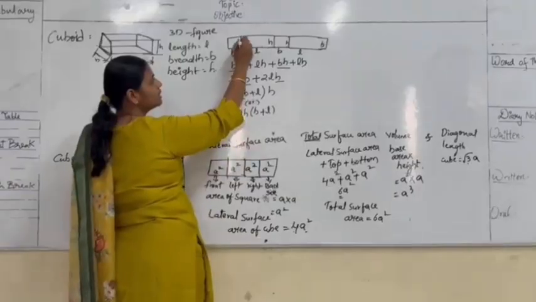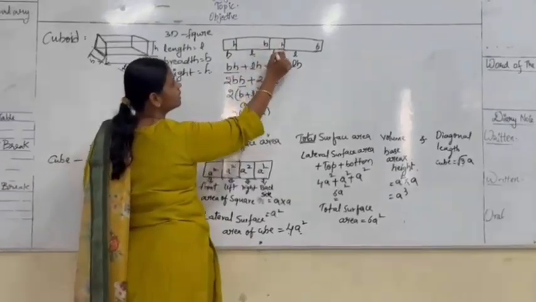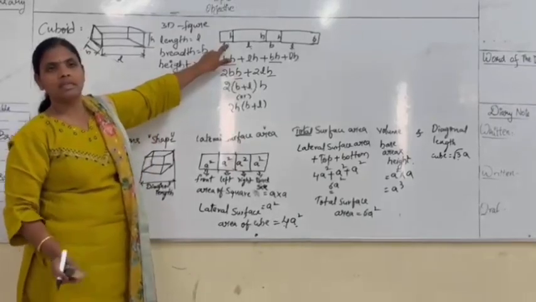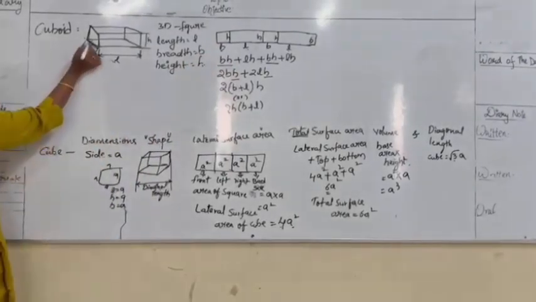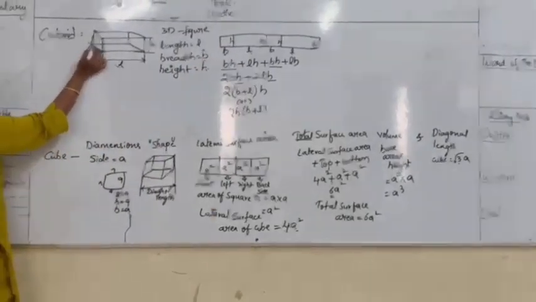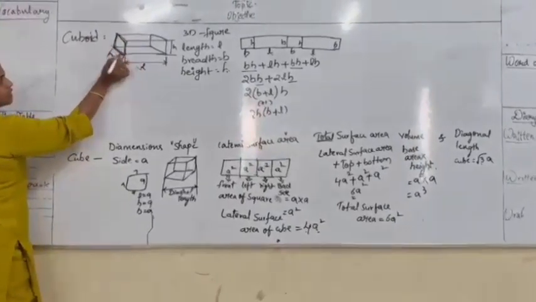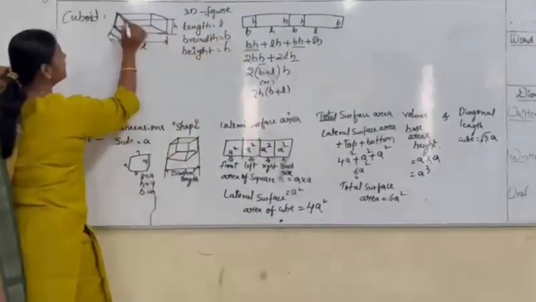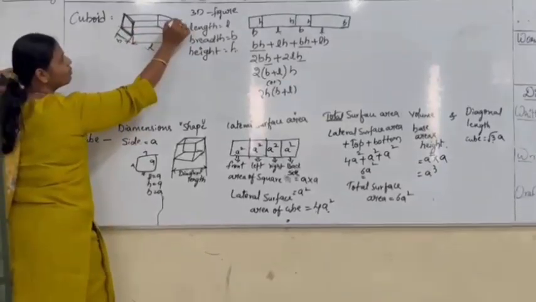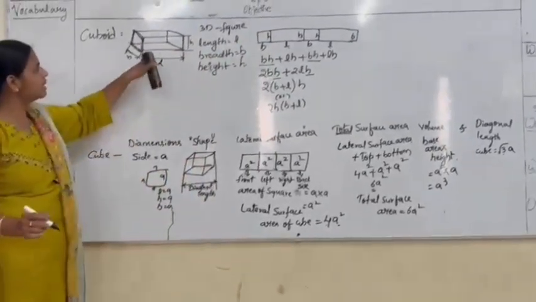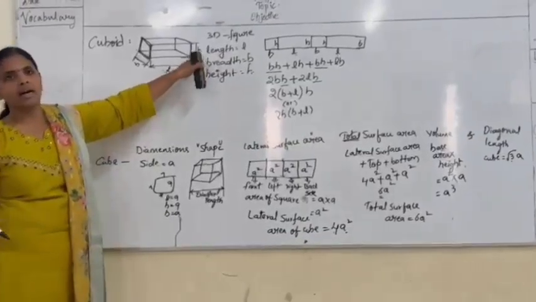Here it is with breadth, height, length, height, breadth, height, length, height. How can we tell it is breadth? It is directly by seeing this cuboid diagram. This is one square, this is breadth. So I am taking it as breadth. And it is height, already I mentioned here. So I am taking it as height. While coming to the rectangle, this is the length and this is the height.